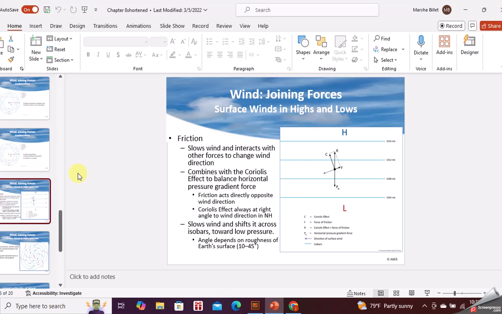So instead of moving nice and parallel to these contours and millibars, pressure isobars, what we wind up with is the actual wind blows towards low pressure some. So instead of being nice and moving right along with the isobars, it actually moves towards low and away from high pressure. So there you have the wind.